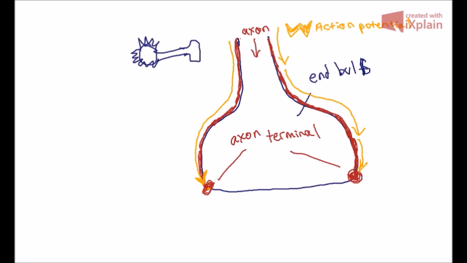Well, part of the anatomy of all this is right outside the end bulb in the extracellular space out here. Here's the extracellular. Are calcium ions. Here's some calcium. And the calcium just hangs out down here around the end bulb.